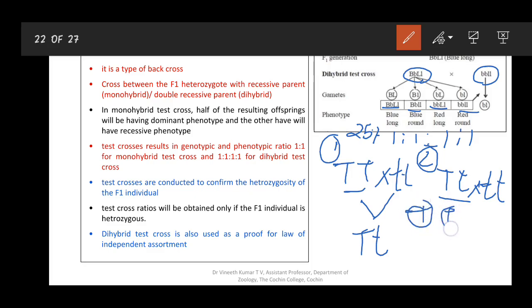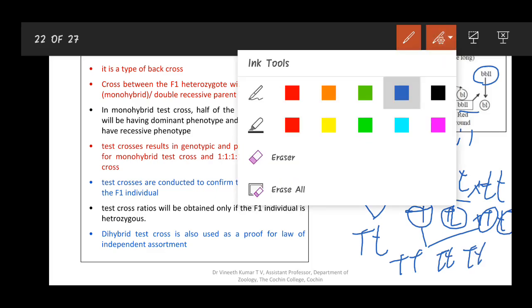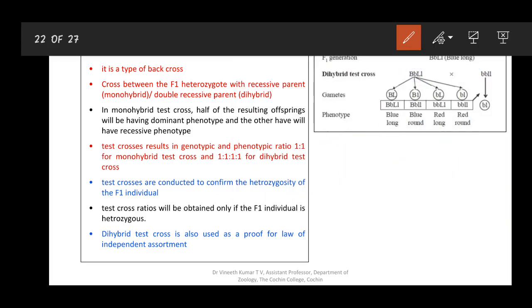You have a T, small t here, cross a capital T and a small t here. The offspring that you get is capital T, capital T, capital T, small t. Sorry, you have only... I will make it more clear. I think the alphabets are not clear, so I put it once more.